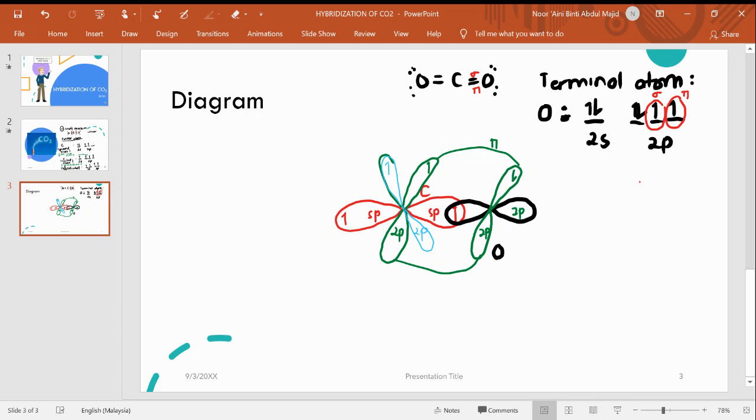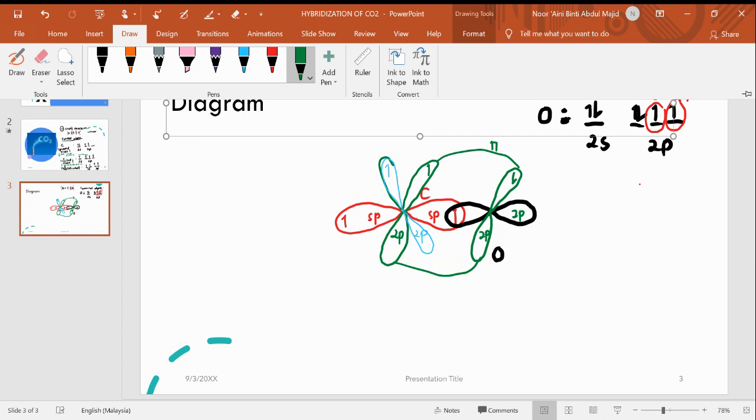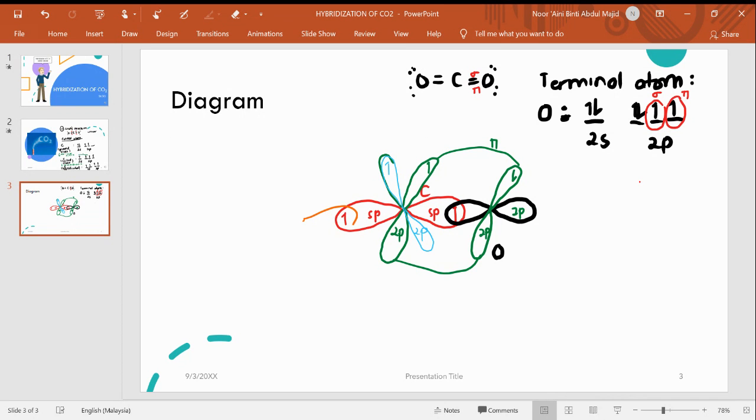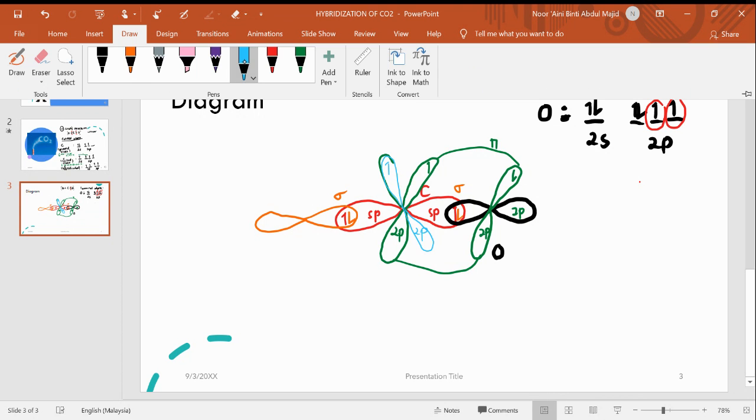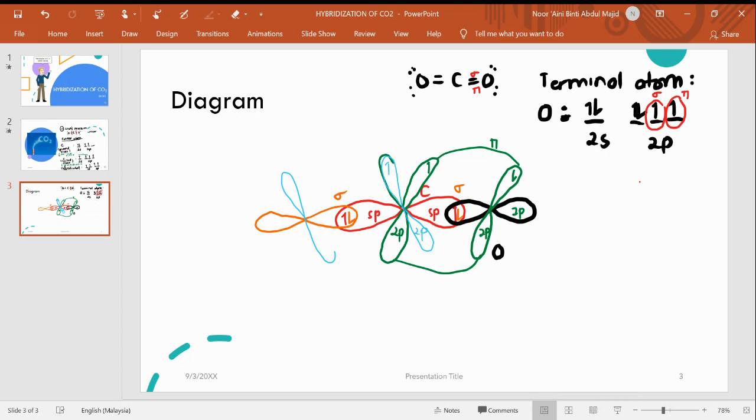This is 2p, and 2p. And now let's sketch the one on the left hand side. Maybe orange. One here to form sigma. This one is sigma. And the other 2p orbital will overlap with this one, which hasn't been used for overlapping. So I'm going to draw another one in blue, which slants to the left a bit.